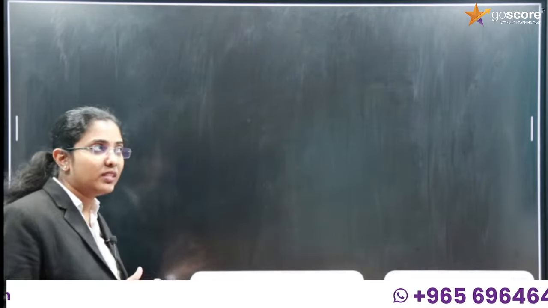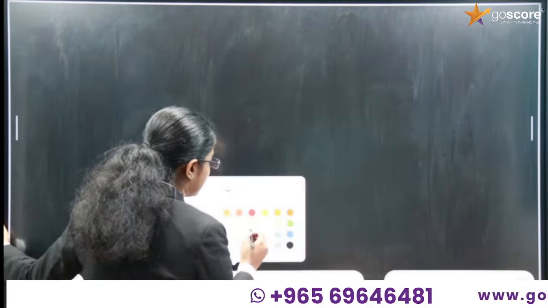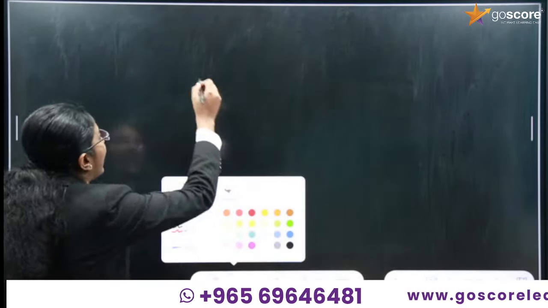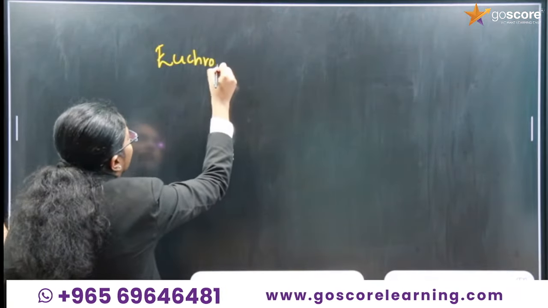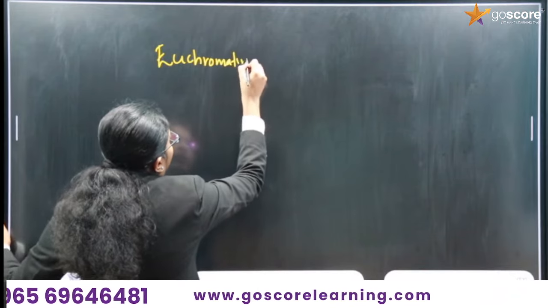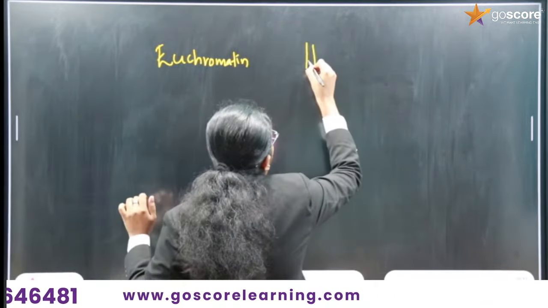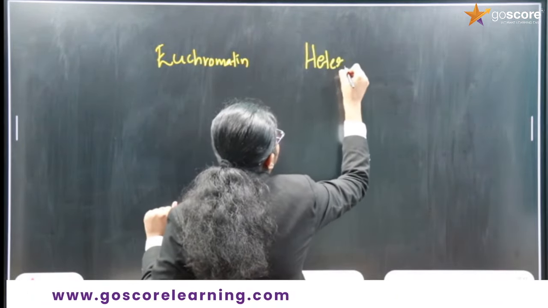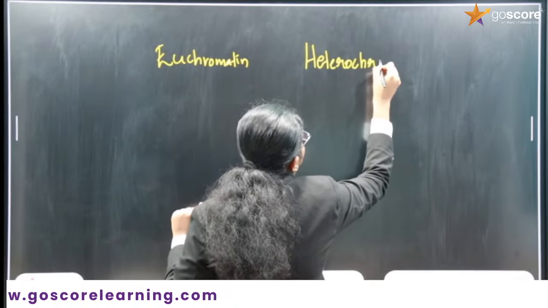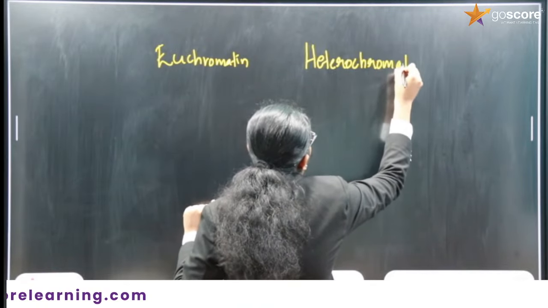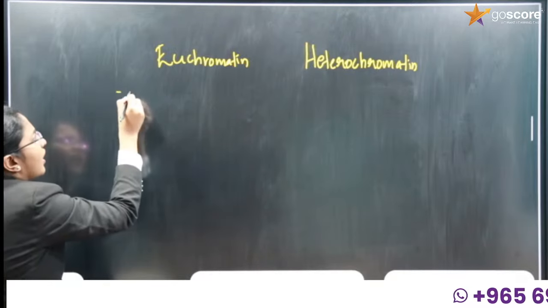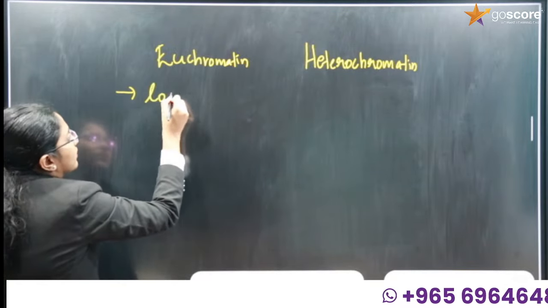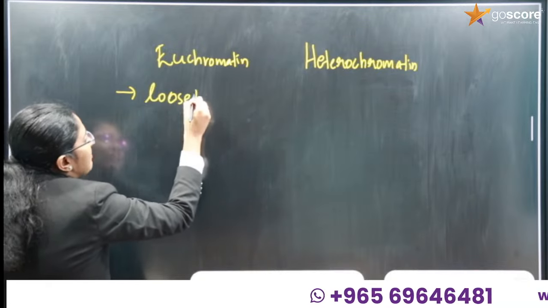With that, you have to learn about two different terms too: euchromatin and heterochromatin. If you are considering euchromatin, it is loosely packed DNA.